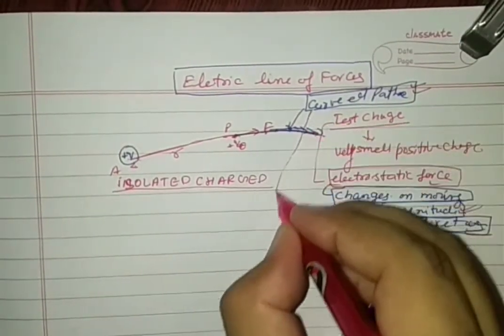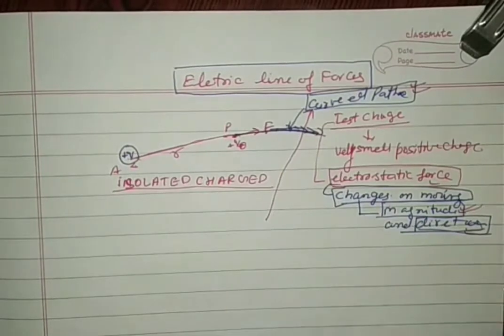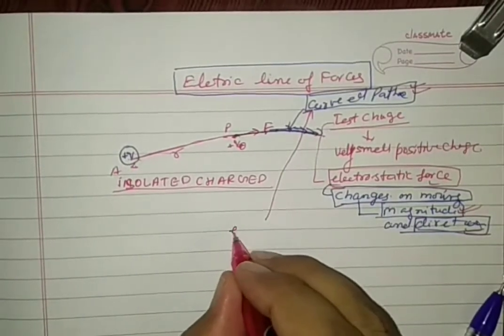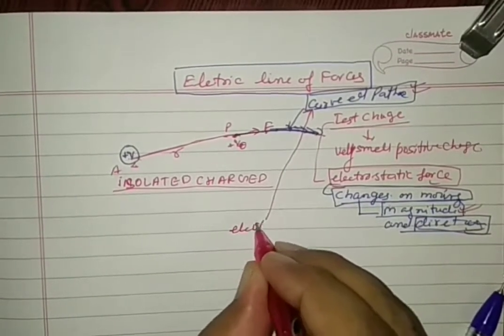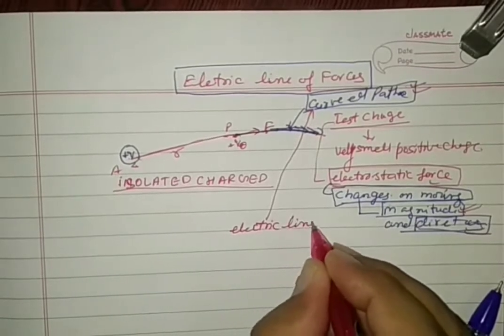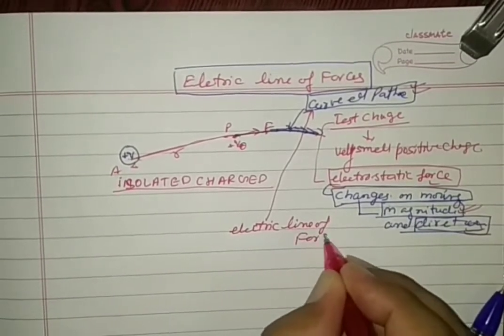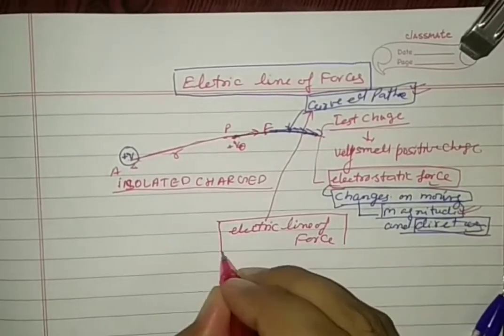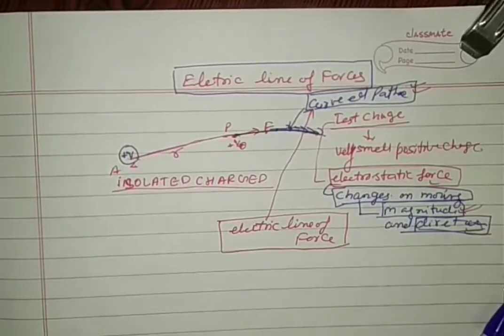As a result, it makes a curved path. This curved path is known as electric line of force.